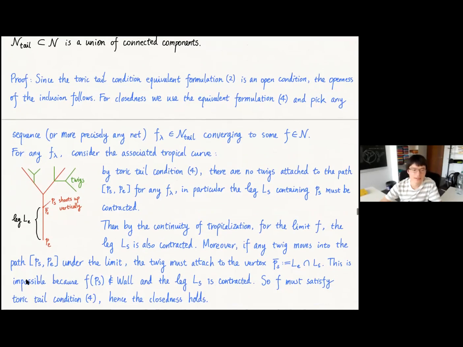We see that this is impossible because by our assumption, the image f(PS) does not lie in the wall and the leg LS is contracted. So if it's not lying in the wall, there can be no twigs attached. So f must satisfy toric tail condition 4. This shows closedness.